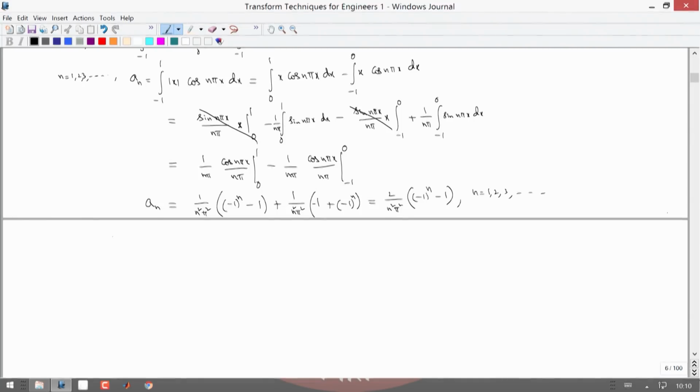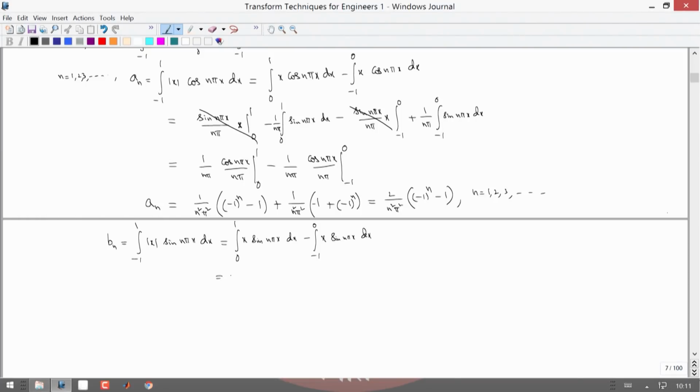And the same way you can calculate b n, integral from -1 to 1 of mod x sin n pi x dx, and this is equal to the integral from 0 to 1 of x sin n pi x dx minus the integral from -1 to 0 of x sin n pi x dx.